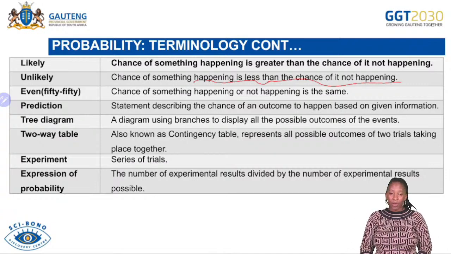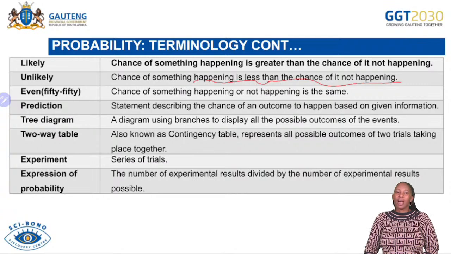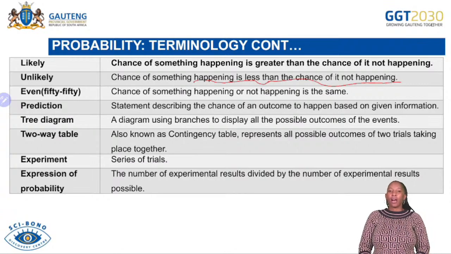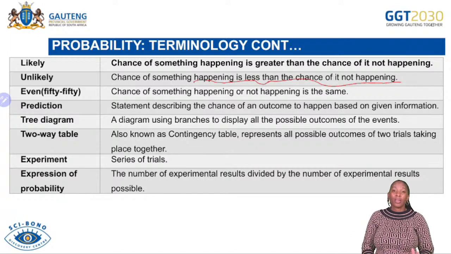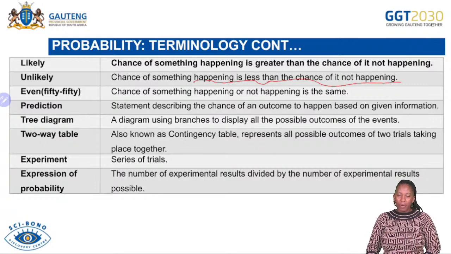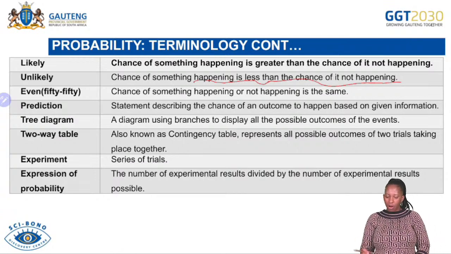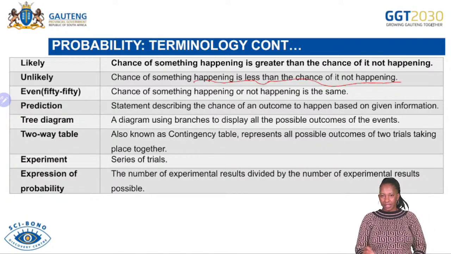With a tree diagram, boys and girls, we are not talking about a tree that you see outside that has got the branches. Yes, it's a tree with the branches, but not the one that you are seeing outside. A tree diagram is a diagram using branches to display all the possible outcomes of the events.